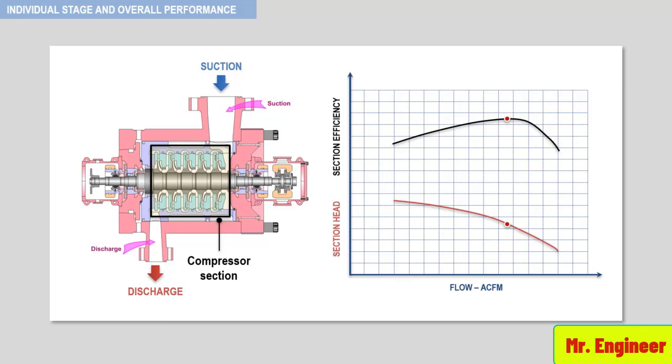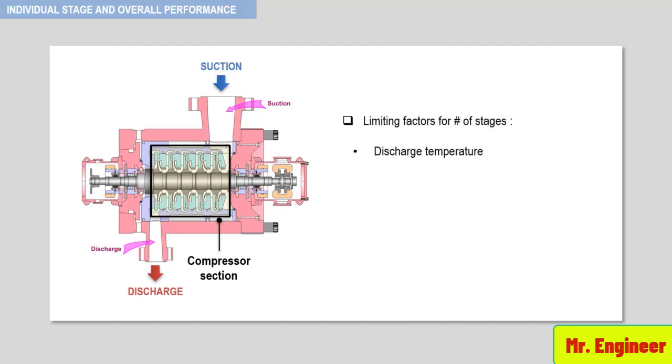The number of stages per section for dynamic compressors are also limited by performance and mechanical factors. And these factors include discharge temperature, process gas characteristics, casing configuration, and rotor stiffness. Some processes can cause accumulation of solid materials or fouling within the compressor impellers or stationary passages.